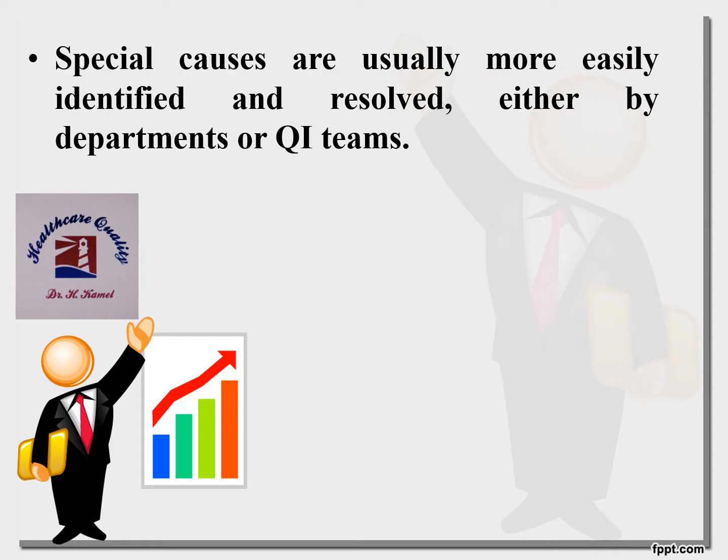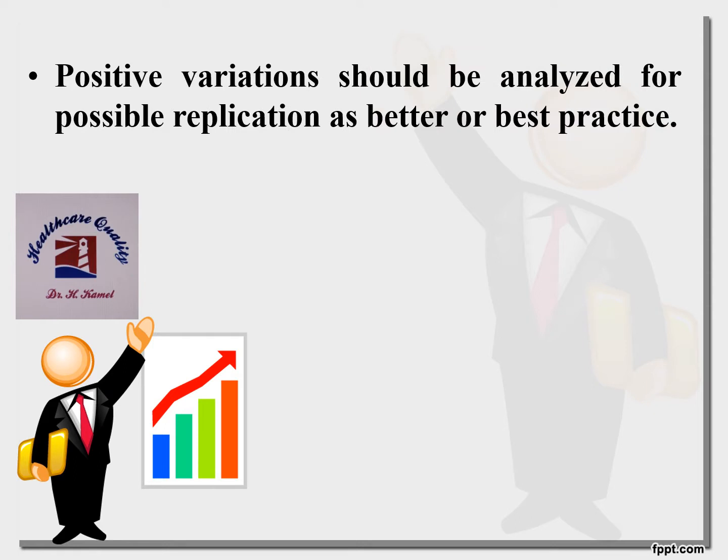Special causes are usually more easily identified and resolved, either by departments or quality improvement teams. For example, yesterday in the ER there was a problem due to a cut in the water supply. Positive variations should also be analyzed for possible replication as better or best practice.